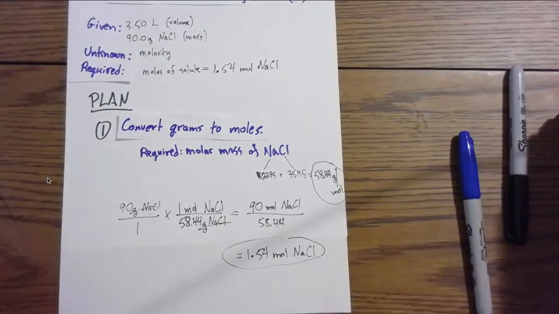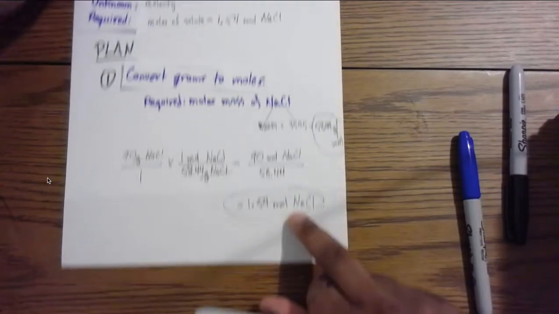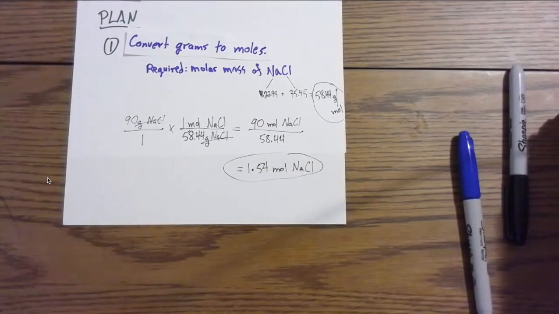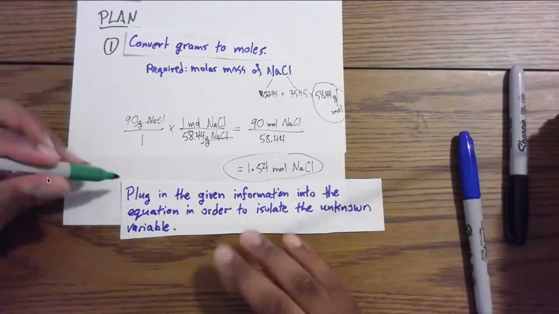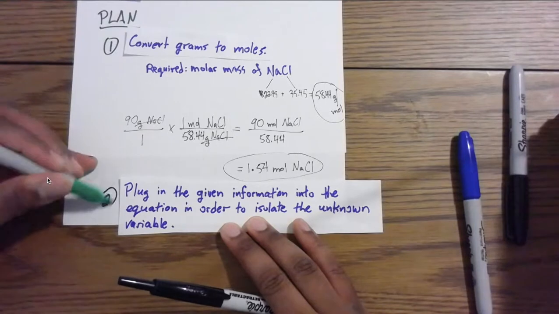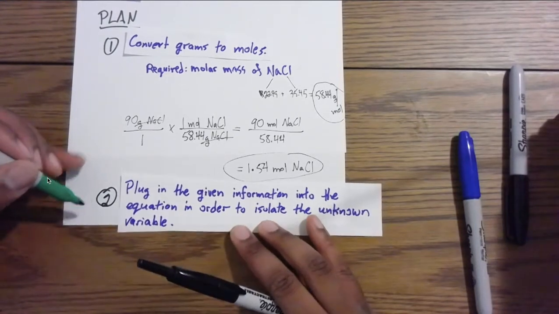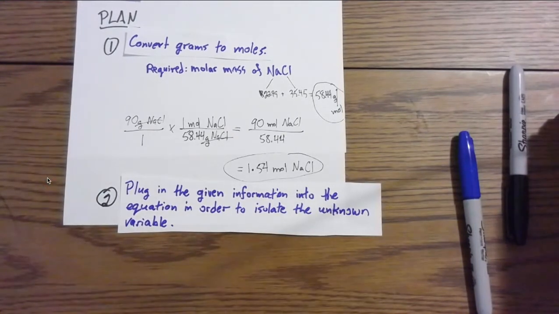Now that I have that, I can move on to the next step in my plan, which is to plug the information into the equation in order to isolate the unknown variable and solve.